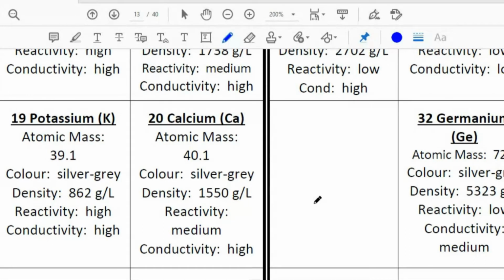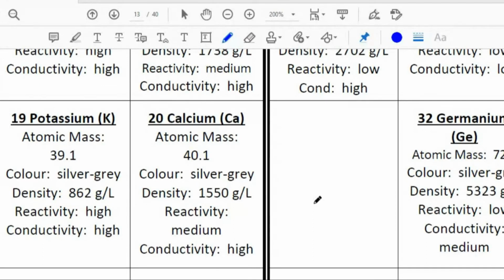Okay, let's take a look at the parts of this atom. So the atomic mass is 40.1, and the atomic number is 20. So that means there'll be 20 protons. For the number of neutrons, we have to do 40.1, which we round off, minus 20.